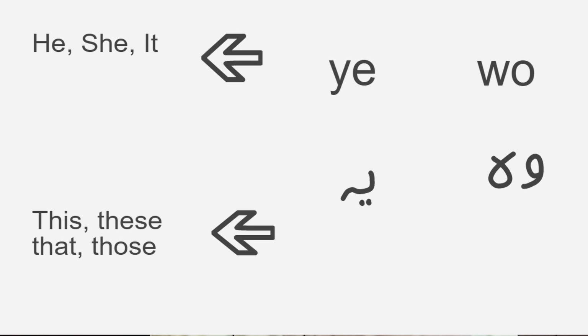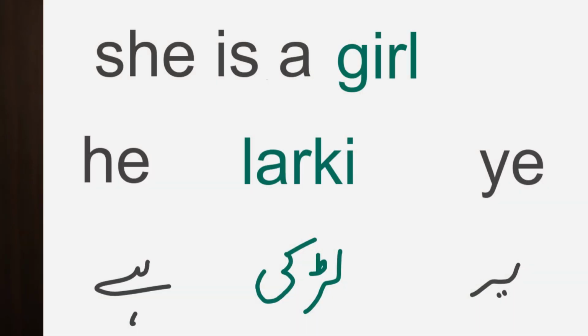One other thing I want to point out is that these can also be used as demonstrative pronouns, such as this, that, these, and those. If you say ये लड़की है, that means the girl is standing just beside you. Ladki.